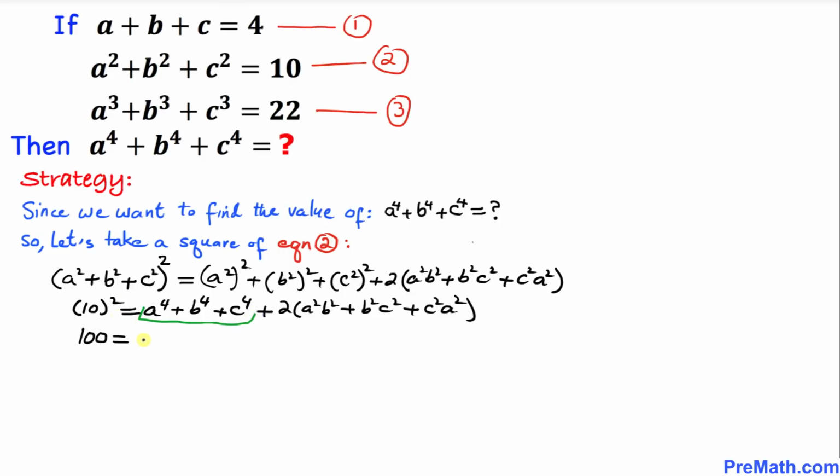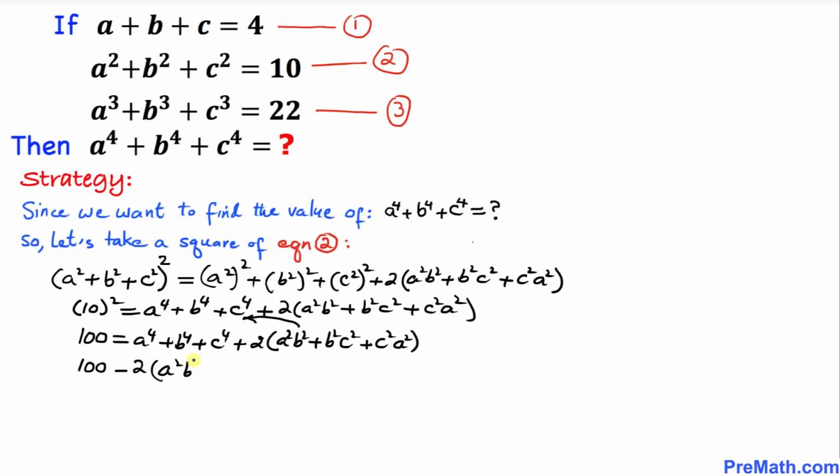So we have to be a little bit careful. A power 4 plus b power 4 plus c power 4 plus, and I have copied down the same stuff. Let's move this part to the left hand side. So I can write 100 minus 2 times a square b square plus b square c square plus c square a square, and on the right hand side we have only a power 4 plus b power 4 plus c power 4.